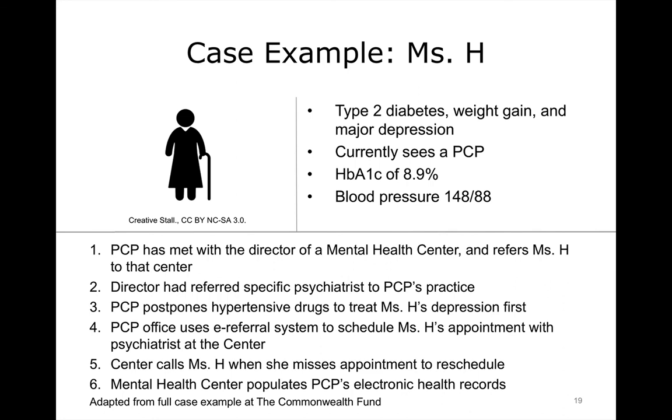Ms. H is a 55-year-old grandmother with a 12-year history of type 2 diabetes, complicated by elevated blood pressure and recurrent episodes of major depression. Her primary care practitioner postponed adjusting her hypoglycemic and antihypertensive drug doses until her depression was under better control and referred her to the mental health center.